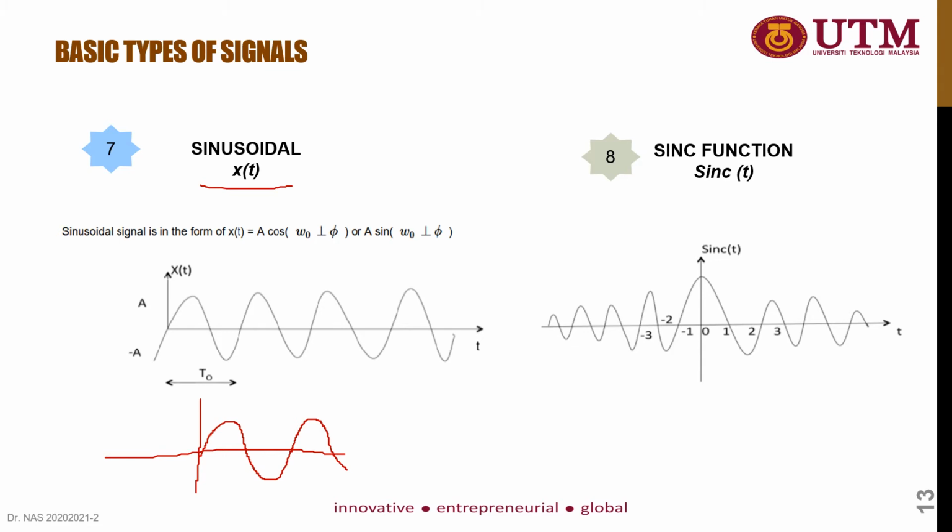And next is the sinc function. The sinc function is not equal to the sine function. The sinc function is given by, for example, sinc(t) equal to sin t divided by t.